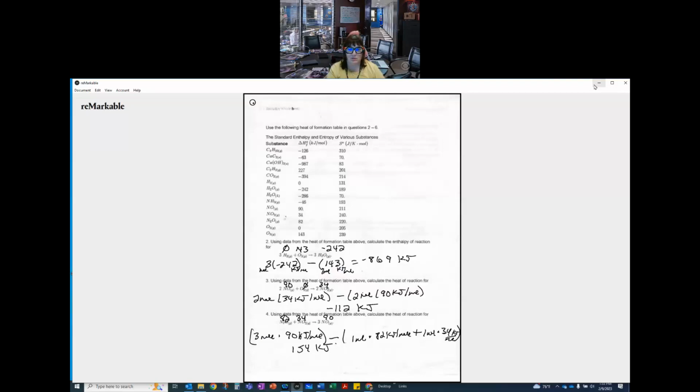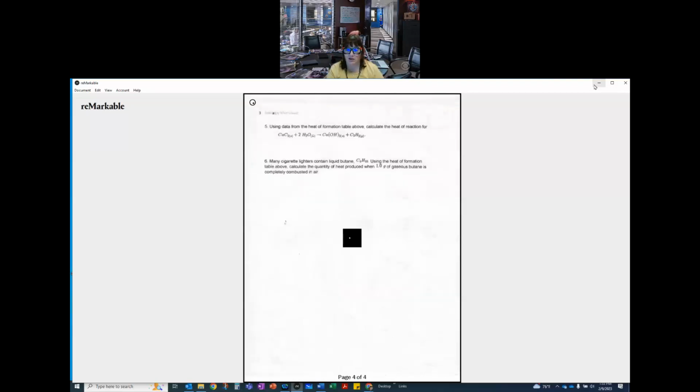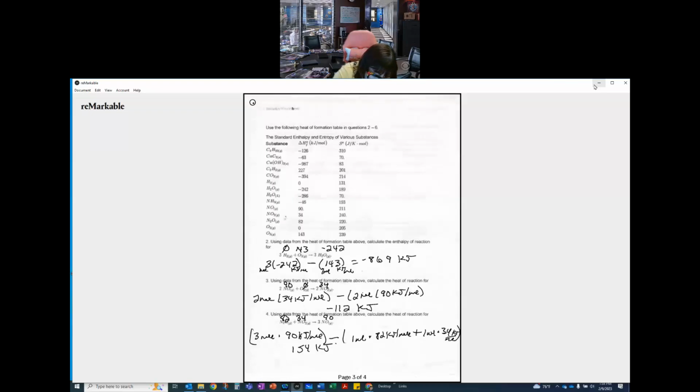Awesome. More? Using data from a heat of formation table above, calculate the heat of reaction for CaC2 plus 2H2O liquid goes to Ca(OH)2 plus C2H2. Okay. CaC2 is negative 63.